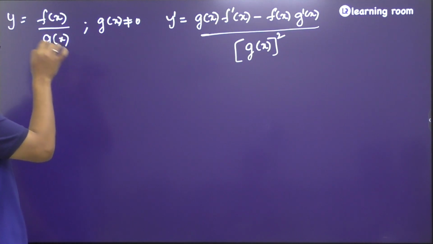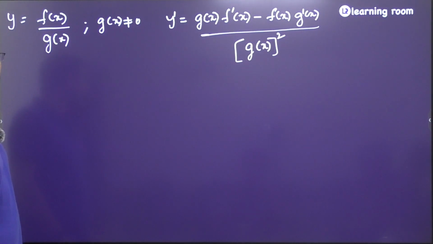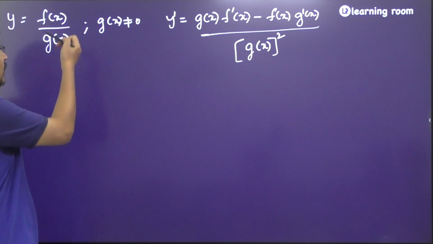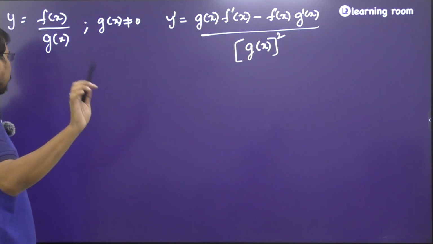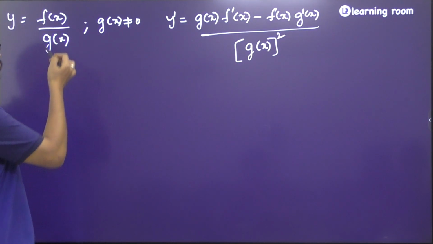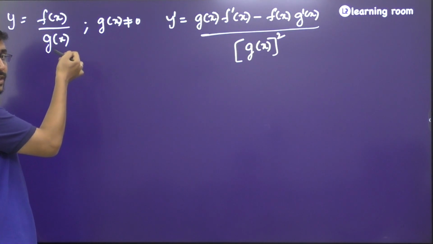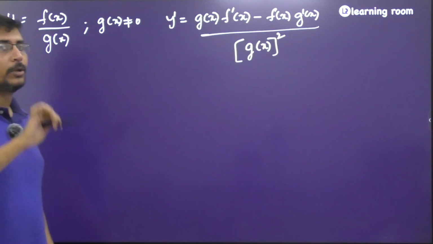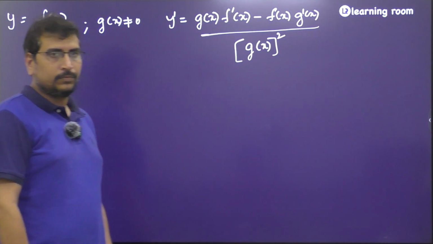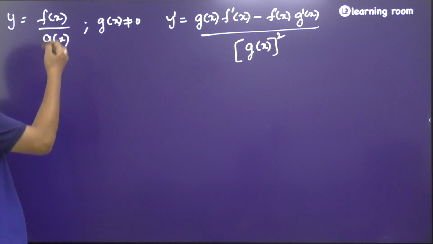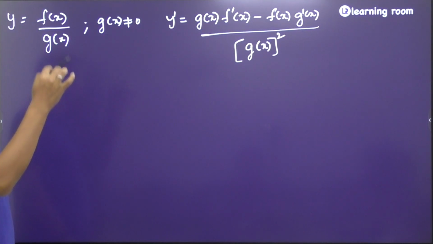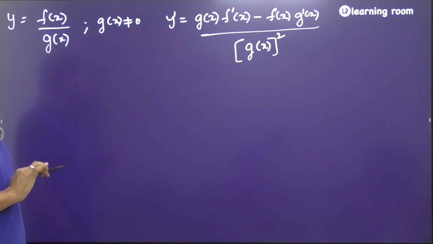This is called as a rational function. Sorry, my mistake. You can call this a rational function if the numerator and denominator are polynomial functions.